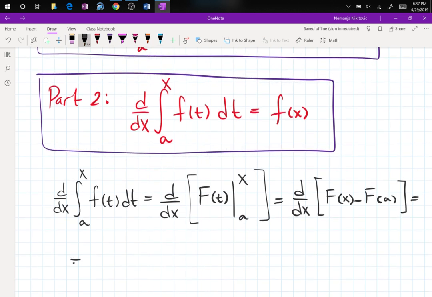When you take the derivative, this one goes to lowercase f of x, minus, when you take a number a, whether that number is 0 or 1 or 7 or whatever, and plug it into F, you're going to get a number there, right? So that's constant. It's going to be 0 over here, and you just get f of x. So we did this calculation, and we did get f of x, which is what the formula promises up there.